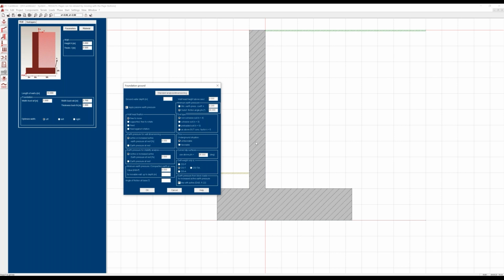So normally we have an earth pressure at rest on the wall. And then for the stability analysis, where we have the total block of wall and ground, this might move much more. So here we can have active or increased active earth pressure for this total stability analysis.